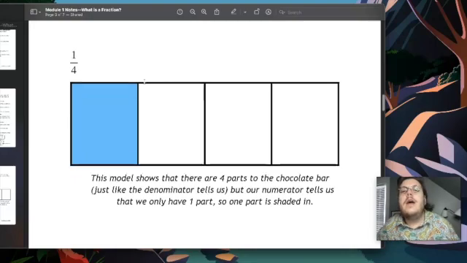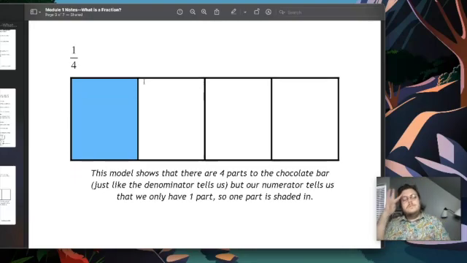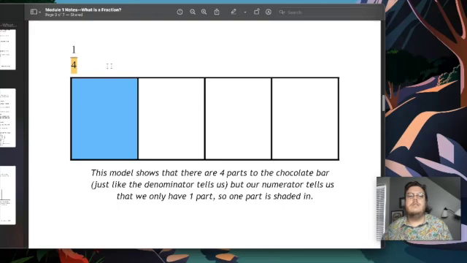But anyway, the way that this model works is, if we think of this as a candy bar, and we look at our fraction, it is 1/4, which means our numerator is 1, our denominator is 4. Personally, I always like to look at the denominator first because the denominator describes what the whole looks like.